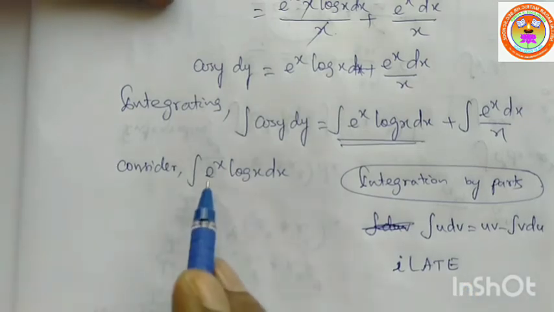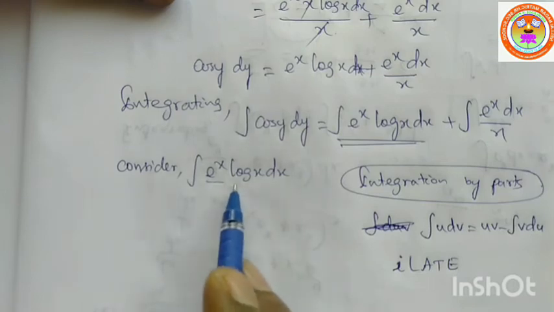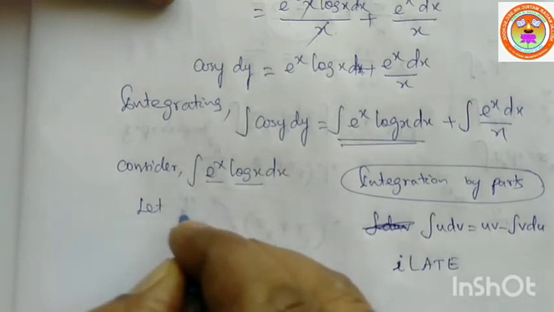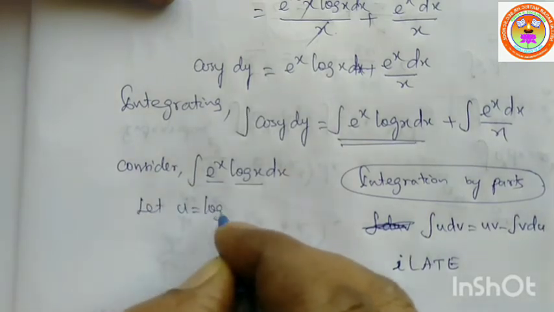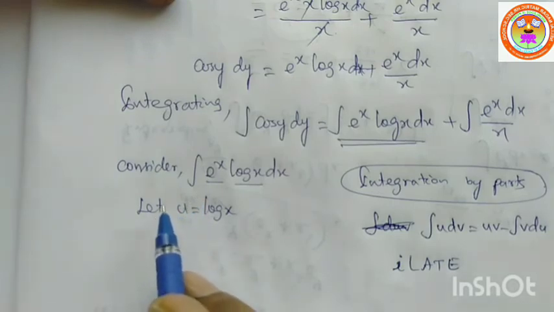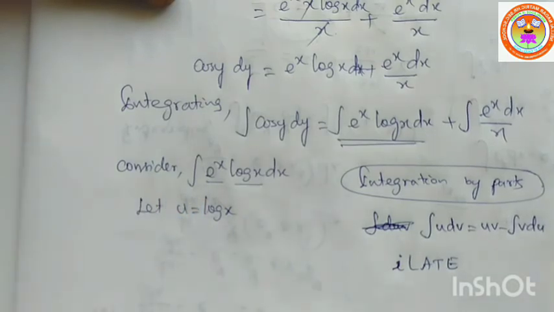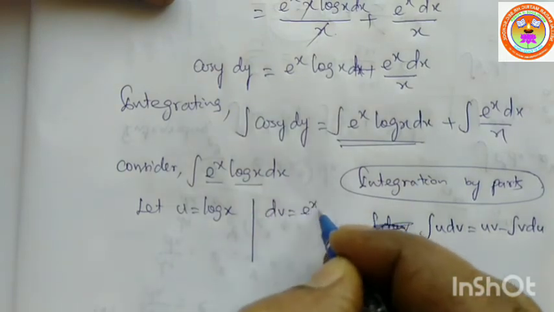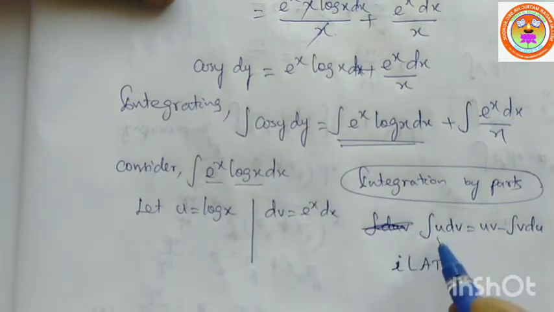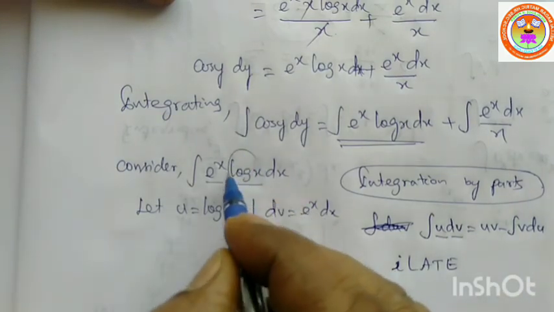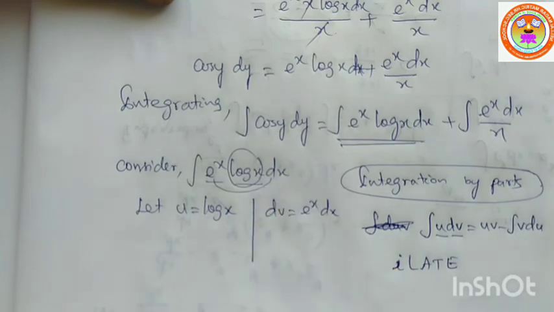In our question we have an exponential function and a logarithmic function, so the first preference is for log. So let u be equal to log x. After taking the u function, the remaining part is dv. So dv is equal to e power x into dx. See, u and dv are the only two functions. This is our u, and the remaining all is dv.